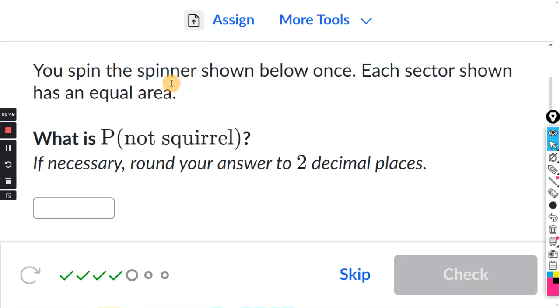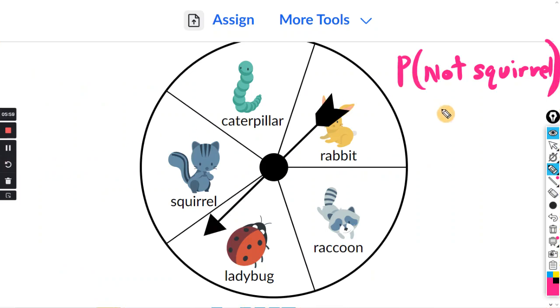All right, spinner shown below. Each sector has an equal area. What is the probability that you do not land on a squirrel? Probability that it's not a squirrel. Let's count how many are not squirrels. 1, 2, 3, 4, 5. Whoops, I accidentally counted this one. That's a mistake. That is a squirrel.